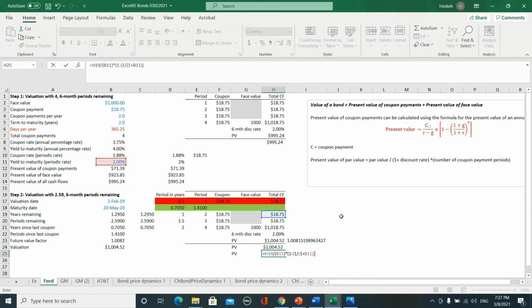And how many periods do you have in your payments? You receive coupon payments for only 3 periods. So you send this to the power of 3, right? Or you can write 4 minus 1, right? Because you will not receive the first coupon payment, okay? And then you close the parentheses and you click enter.